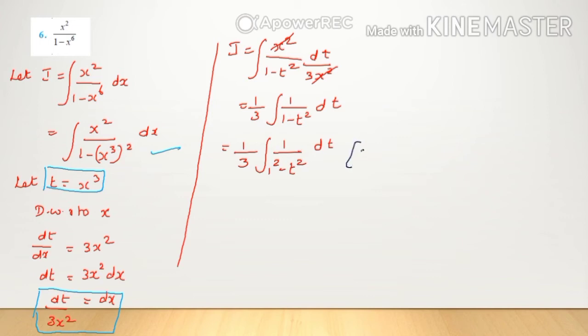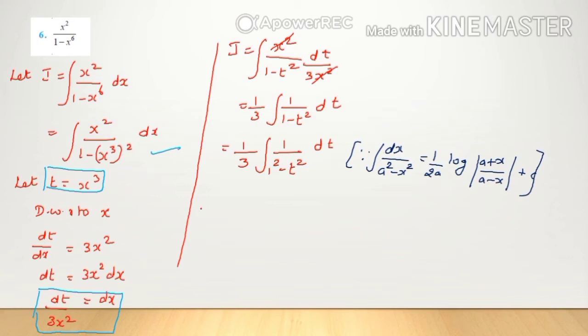So this resembles the formula that the integral of dx divided by a square minus x square is equal to 1 by 2a log modulus of a plus x divided by a minus x plus c. Here the a value is 1 and the x value is t.